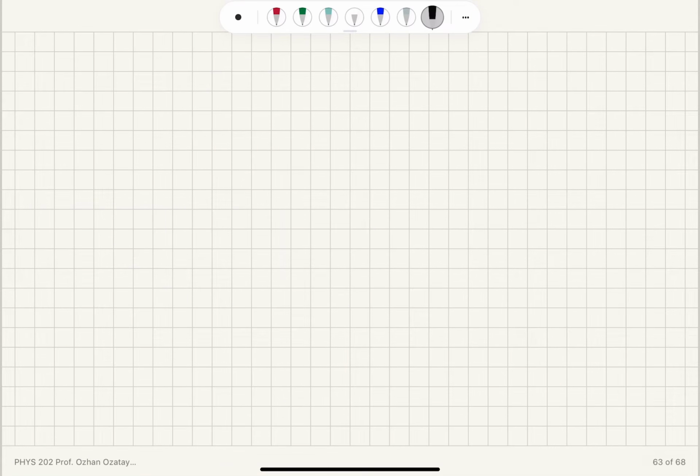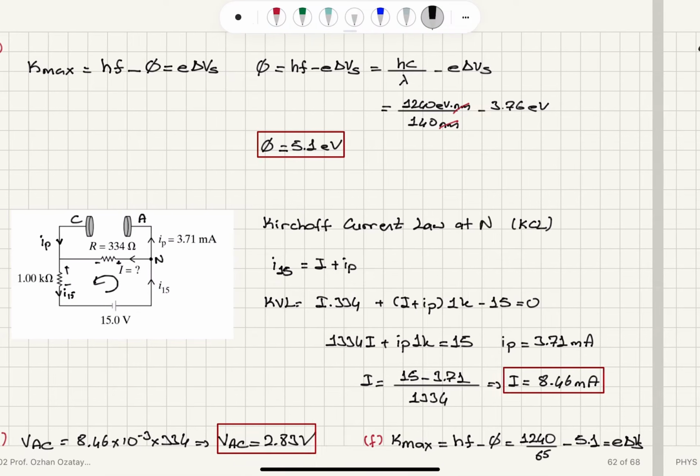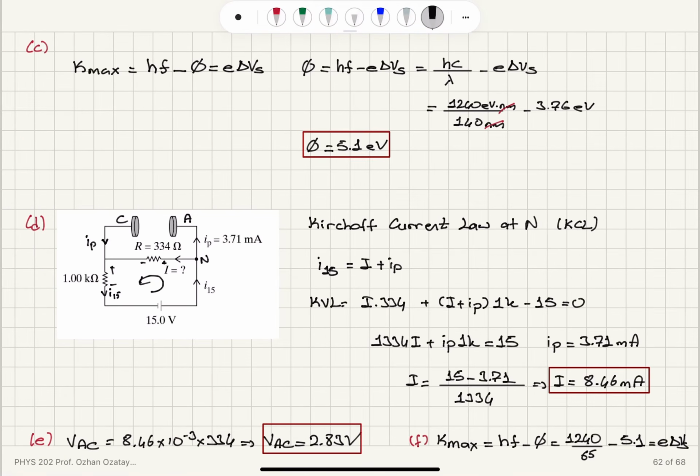So we can calculate the stopping potential energy to be 14.0 electron volts. So the potential is 14 volts basically.